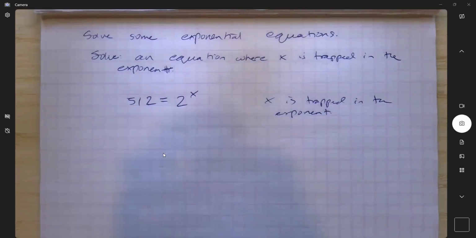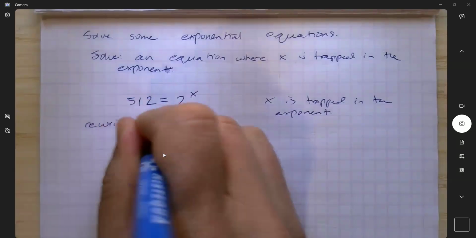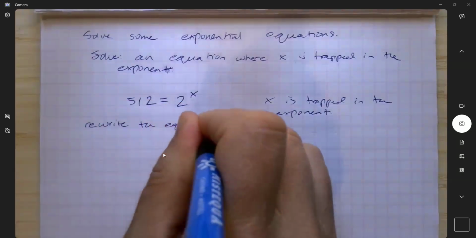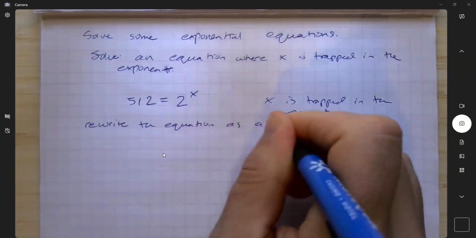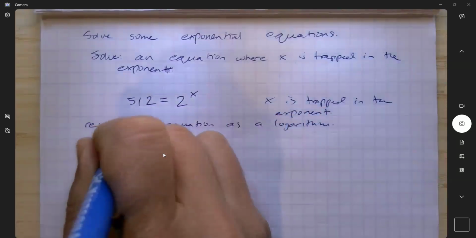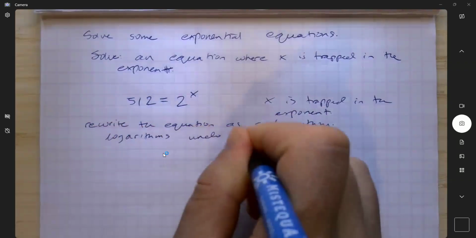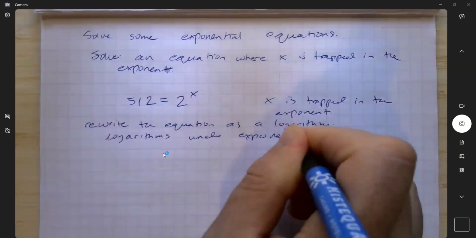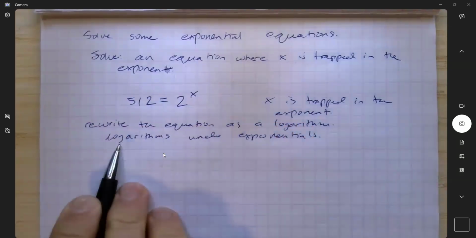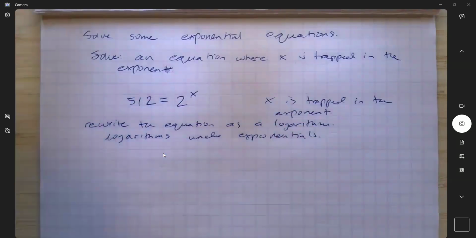So to solve these, we're going to rewrite the equation as a logarithm, because logarithms undo exponentials. We're using the fact that logarithms are inverses of exponentials, and so they undo exponentials.